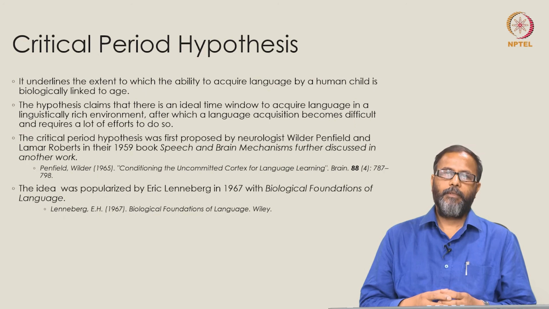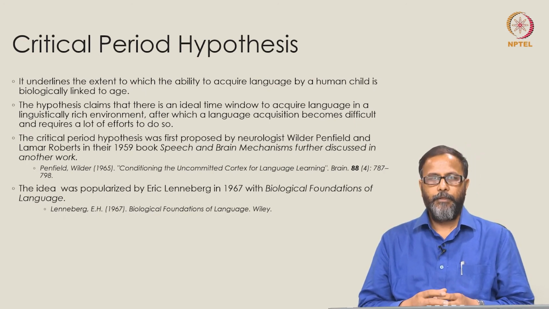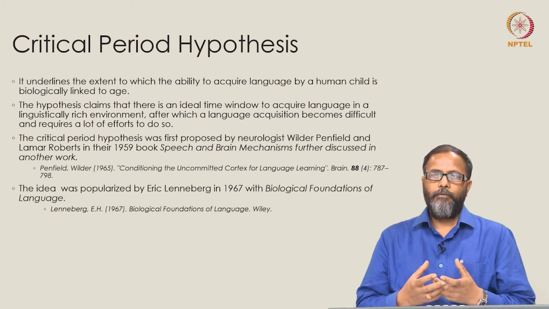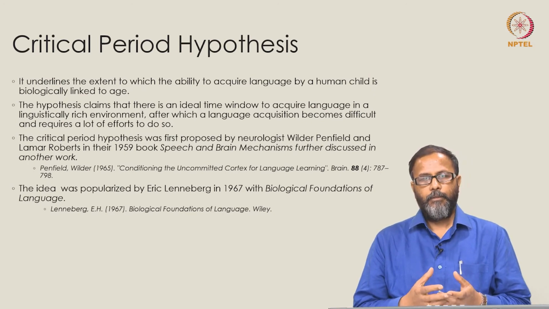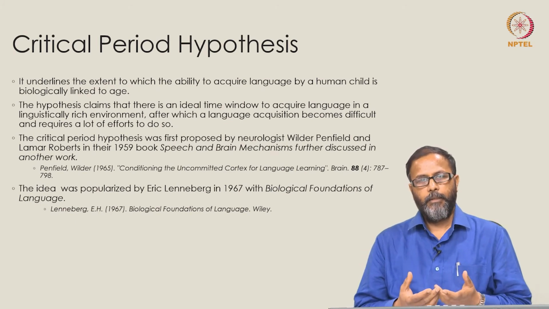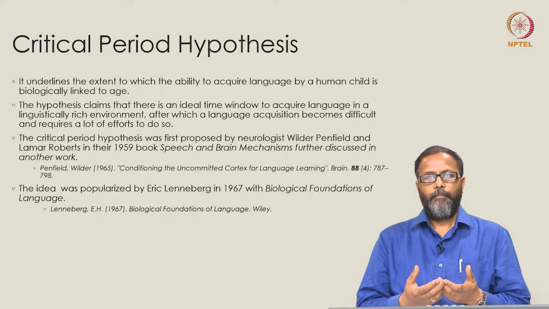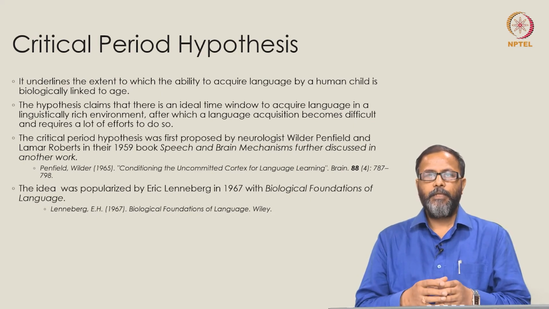Chomsky says puberty, so roughly 12, 13 years of age. Now, the whole idea of universal grammar, the principles of language proposed by Chomsky: the child has access to universal grammar, the principles of language, and the environment helps the child to set the parameters.